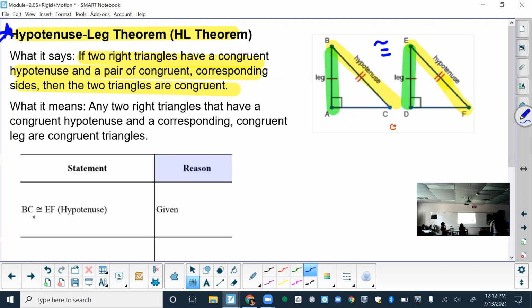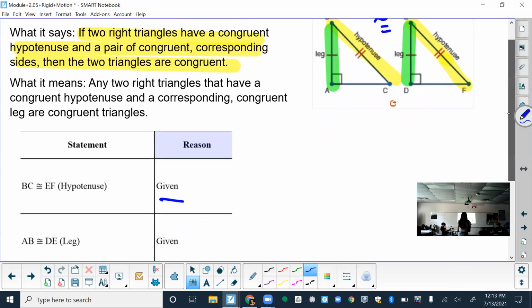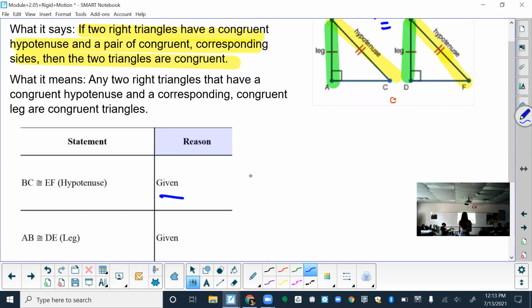We could say BC is congruent to EF, and that's a given, right? It's on the diagram. And given is usually what we start with anyway. We're also given that AB is congruent to DE, also given in the drawing.